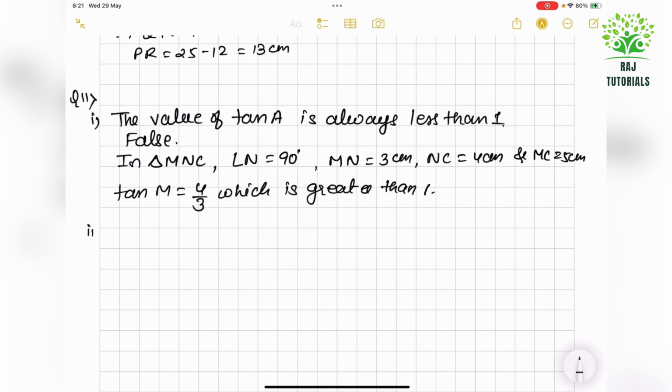Then the second one is sec A equal to 12 by 5 for some value of angle A. So this will be true.